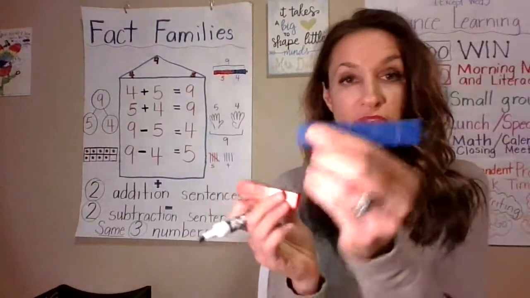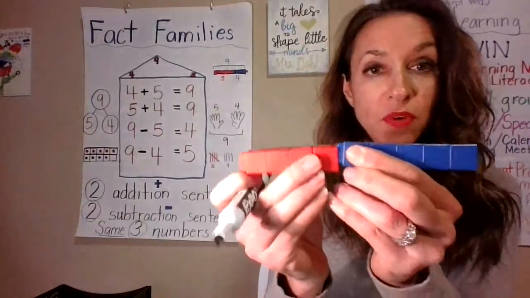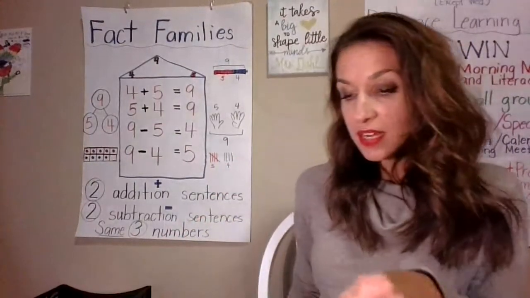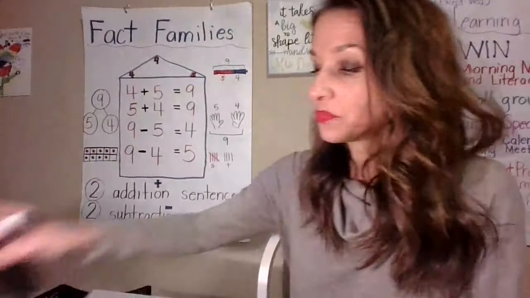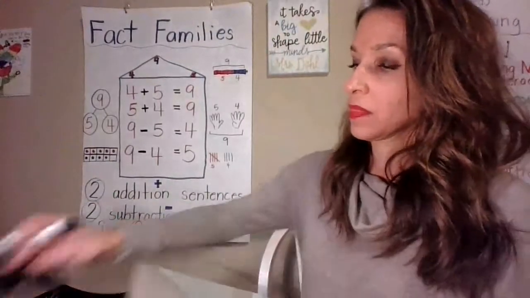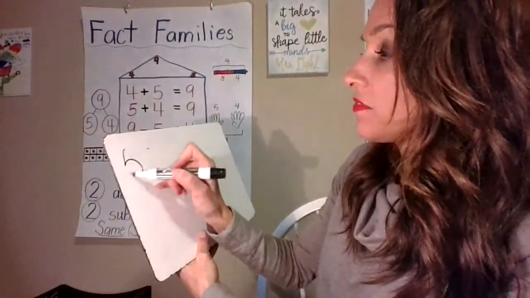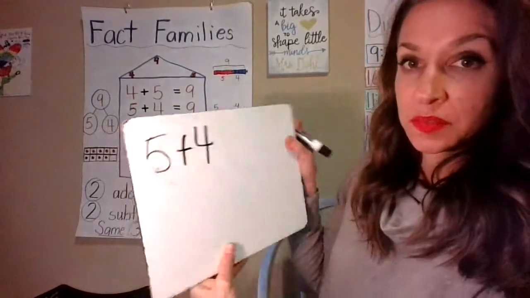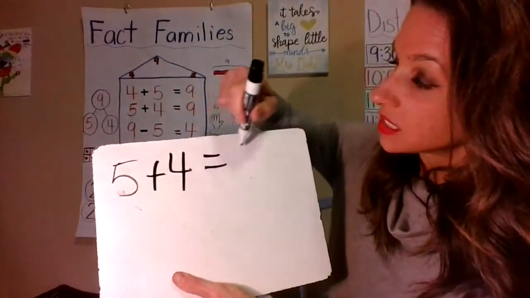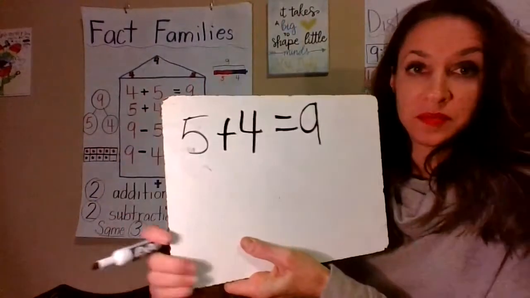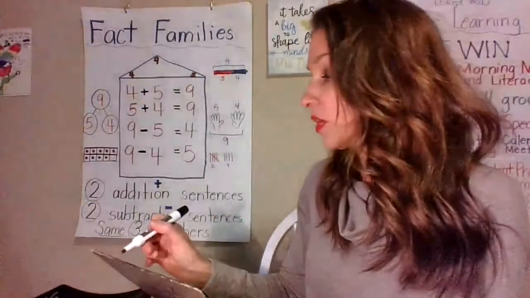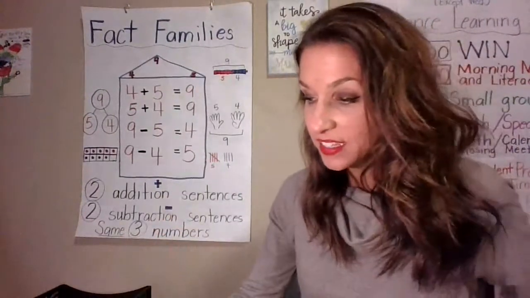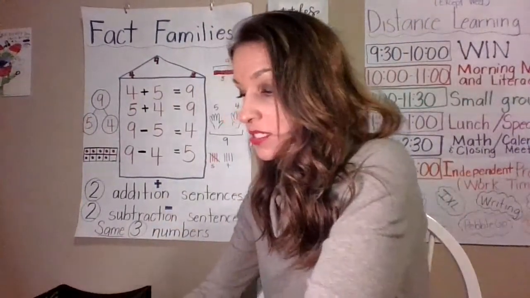One of the addition sentences we can use is 5 plus 4 equals 9. Let's go ahead and write that number sentence. 5 plus 4 equals 9. We could also do it the other way, and we can switch our addends, or our parts.